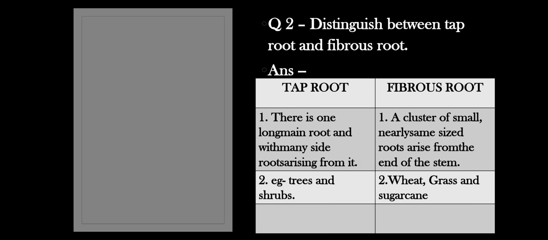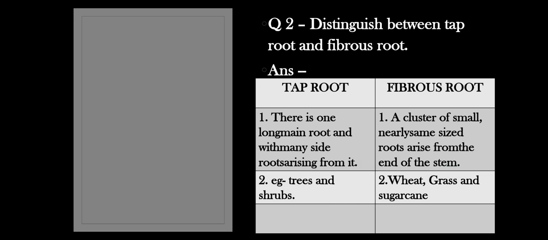Fibrous roots. First point, a cluster of small, nearly same-sized roots arise from the end of the stem. For example, wheat, grass, and sugar cane.